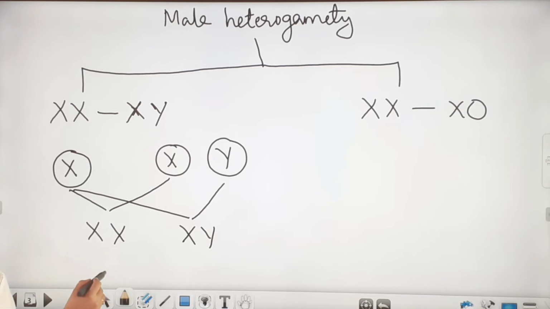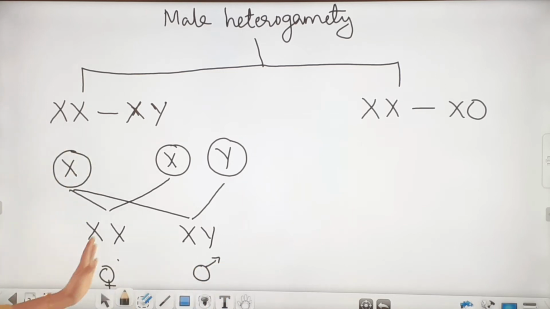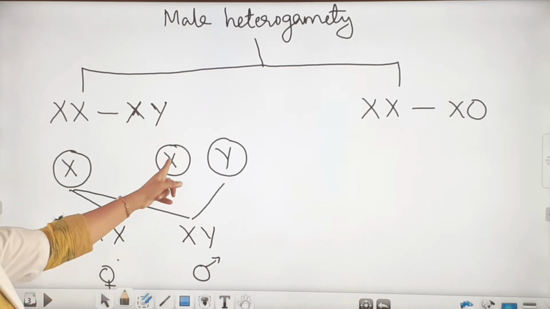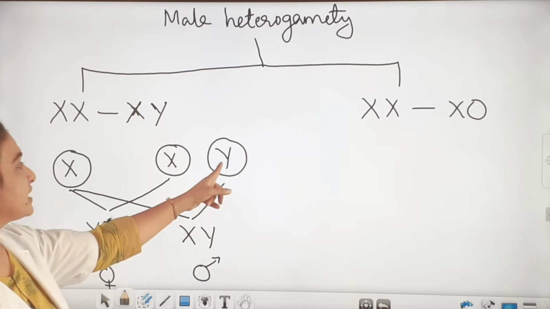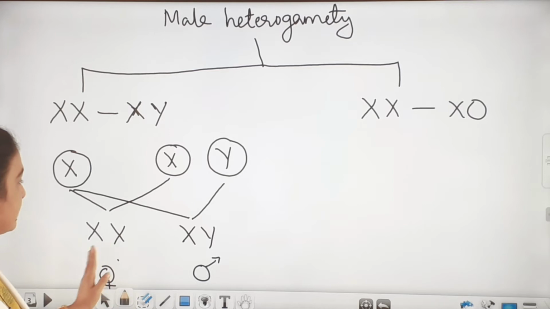So this is the female child and this is the male child. This X and this Y are coming from the male, so the sex of the child is determined by the male.